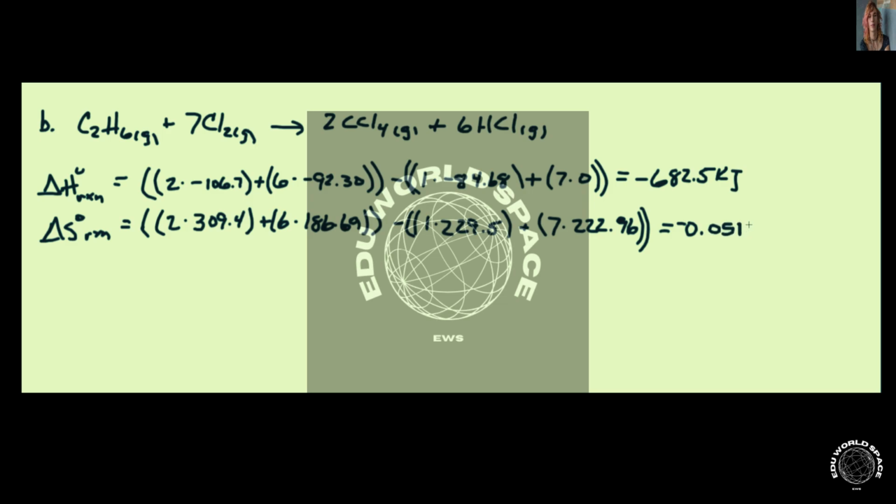0.0514 kilojoules. And if we want to go do our delta G, I should say, we're going to do delta H minus T delta S. So we're going to have our negative 682.5 minus 298 Kelvin, because this is under standard conditions, times delta S, which is negative 0.0514.